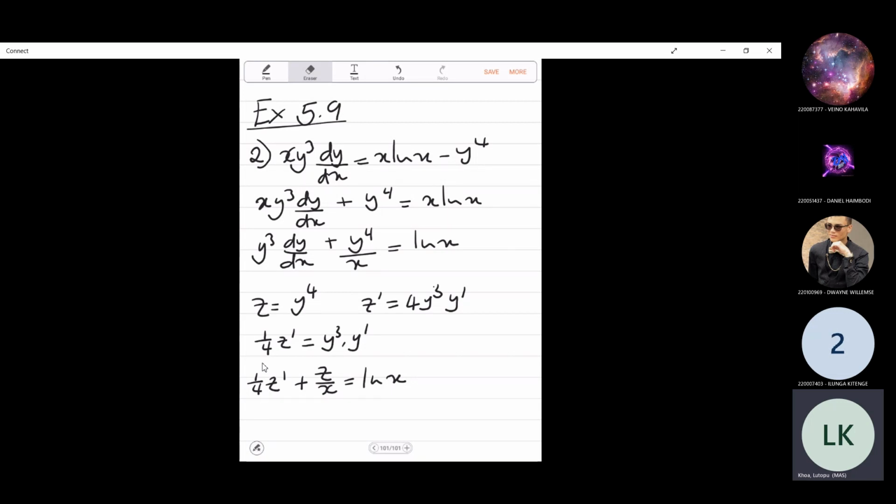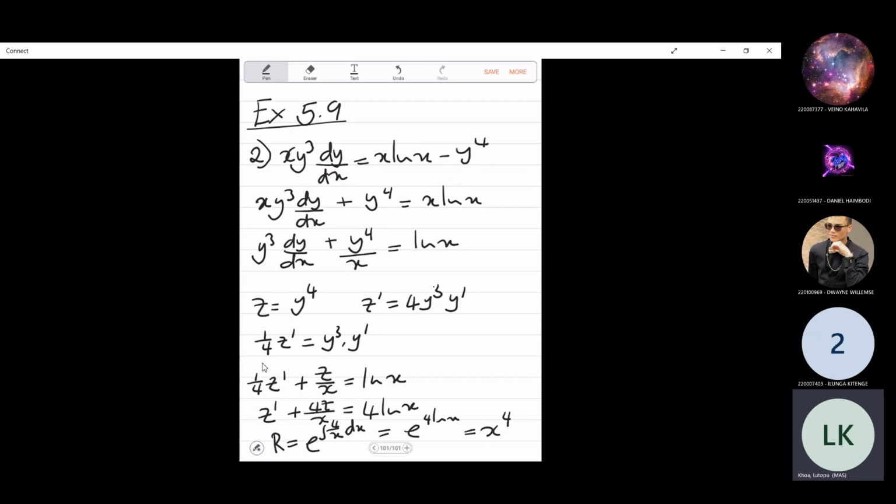So we have z prime plus 4z over x is equal to 4 ln of x. And now we can work out our integration factor. E to the power of 4 ln of x, which is x to the power of 4. Okay, now we can multiply by x to the power of 4 throughout.